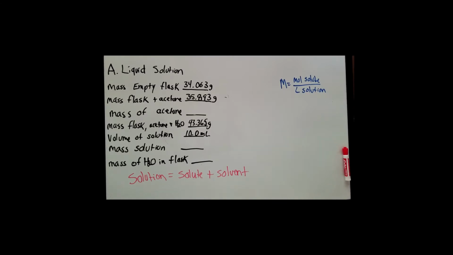The solution as a whole, the entire solution, is made up of acetone and water. Which one is the solute and which one is the solvent? By definition, the solute is the one in lesser amount, and it's usually the one that has been dissolved in a substance. To figure out which one is in lesser amount, let's do these subtractions.